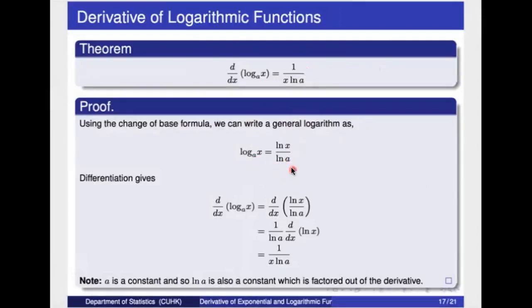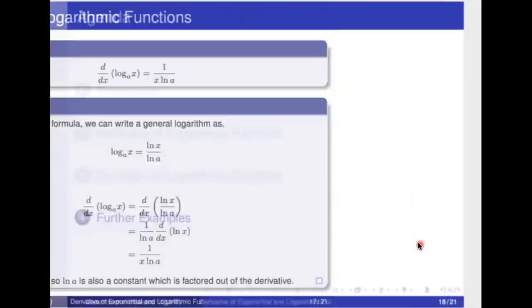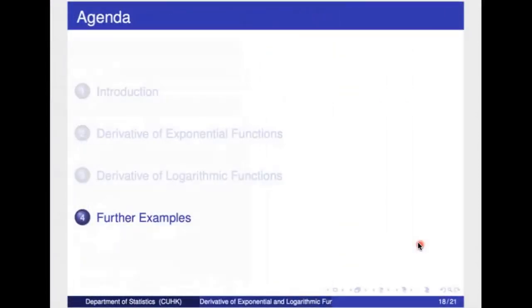Differentiating both sides with respect to x, we get d over dx log base b of x equals d over dx of ln x over ln b. Applying the quotient rule, we obtain 1 over ln b times d over dx ln x, minus ln x over ln b squared times d over dx ln b.